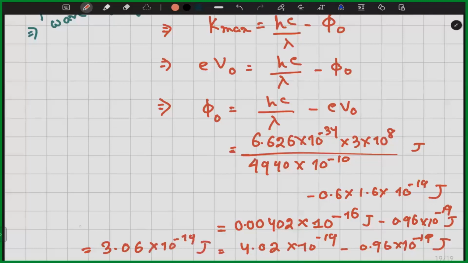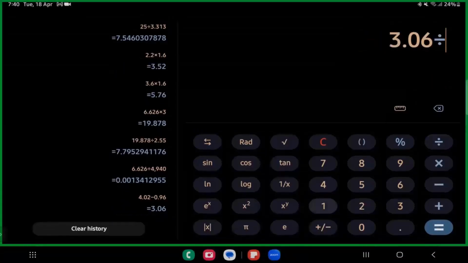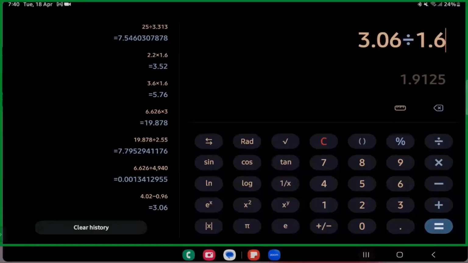Okay. If we don't need to convert electron volt. If we convert, then we have to divide this by 1.6, which gives 1.912, right?